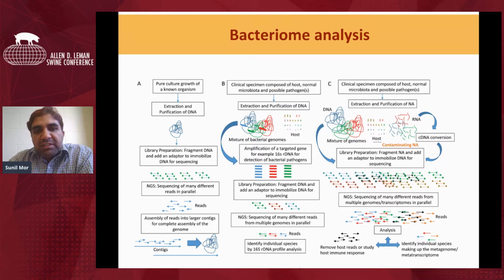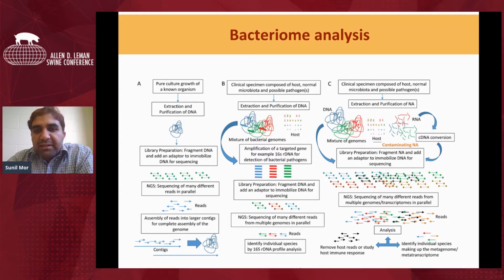Then there are two methods on clinical samples. Obviously there will be a lot of material in addition to our bacteria of interest. In that case, one method is the targeted one, as I mentioned: 16S, where we just amplify the region of our interest and do the library prep and sequencing. It will just give the bacterial diversity present in the sample.